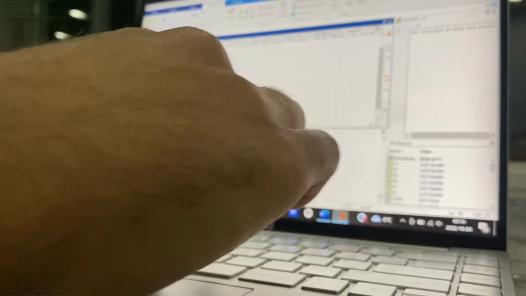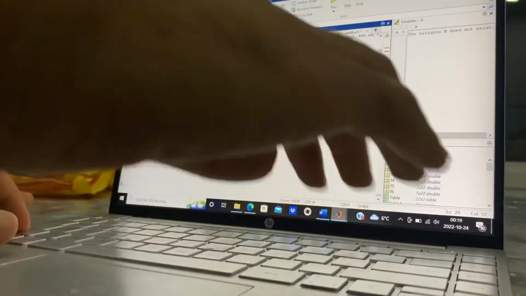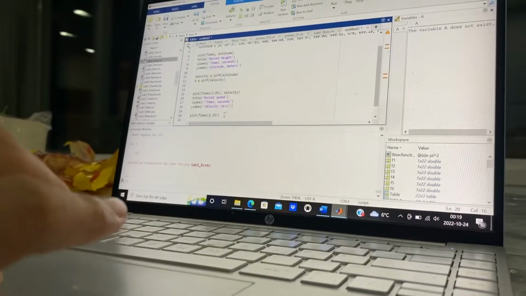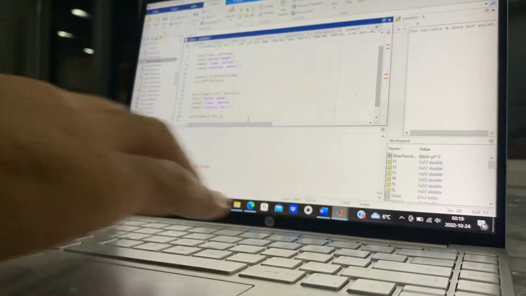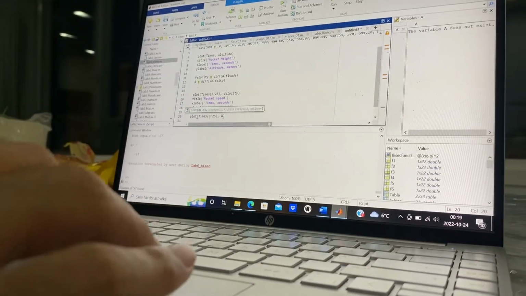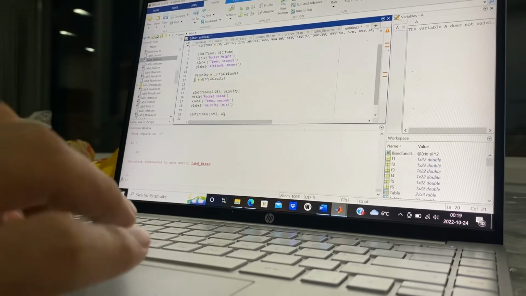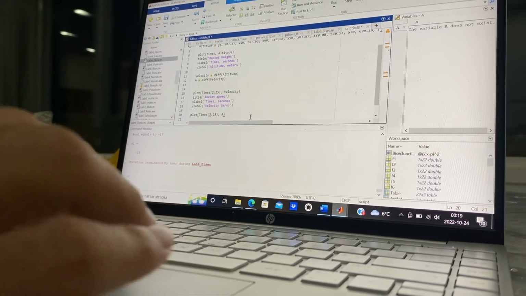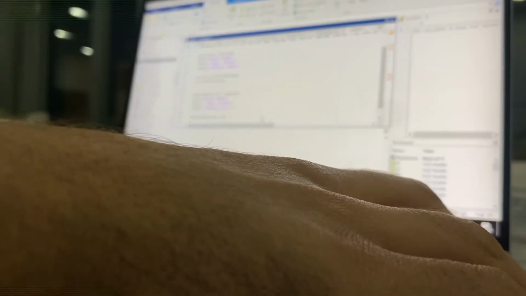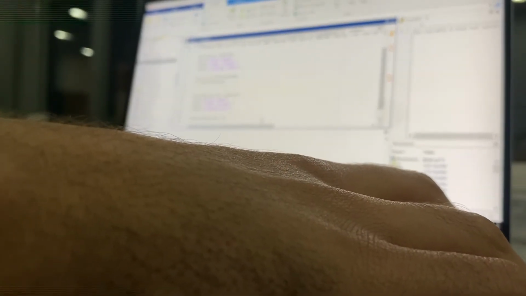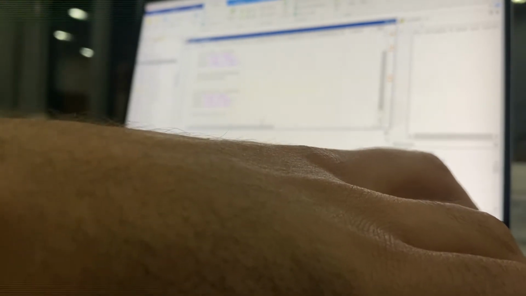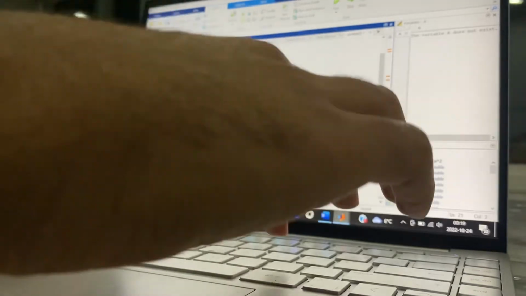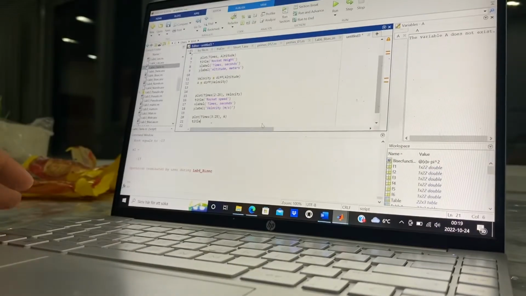Times, comma, acceleration, which was A here, because the acceleration is the difference in velocity. I will have this title as rocket acceleration.